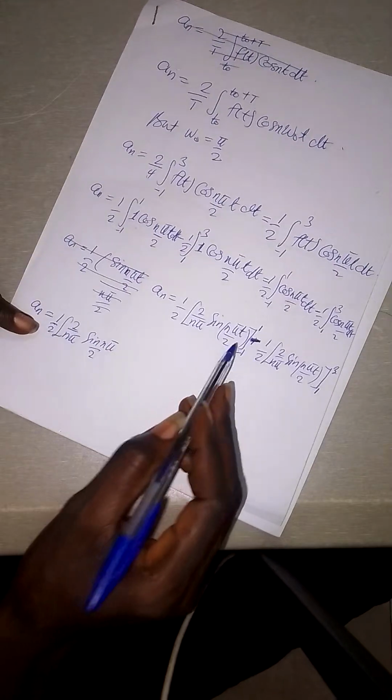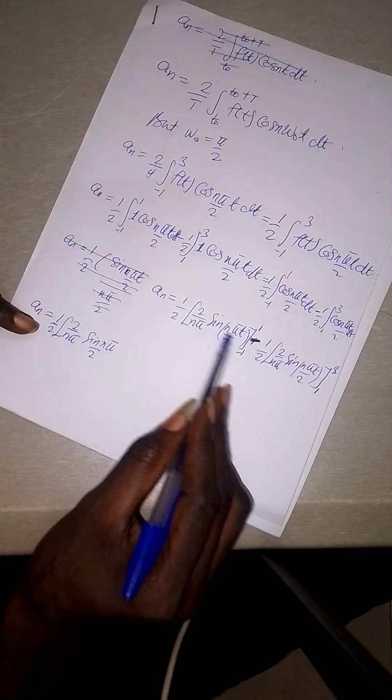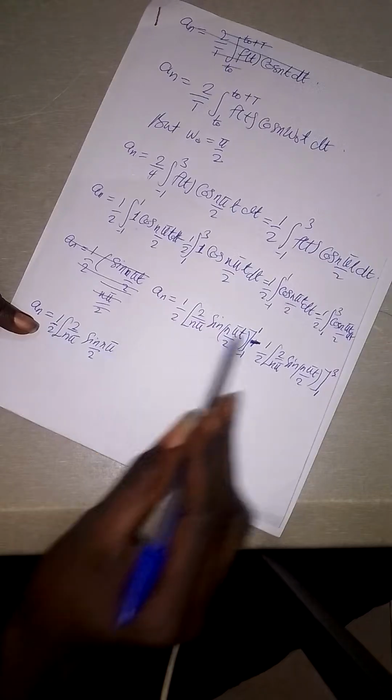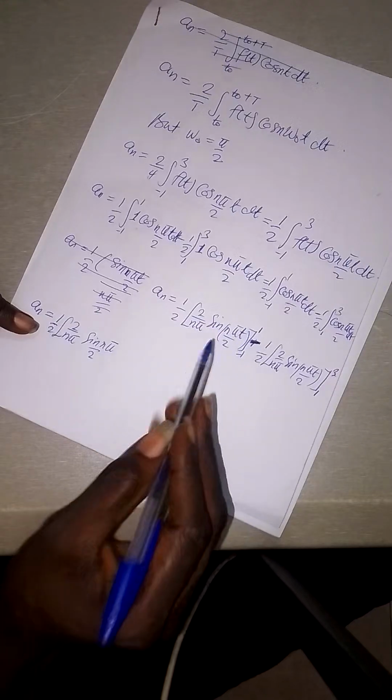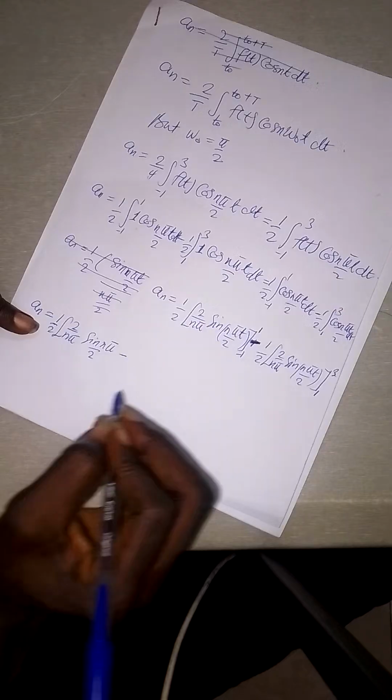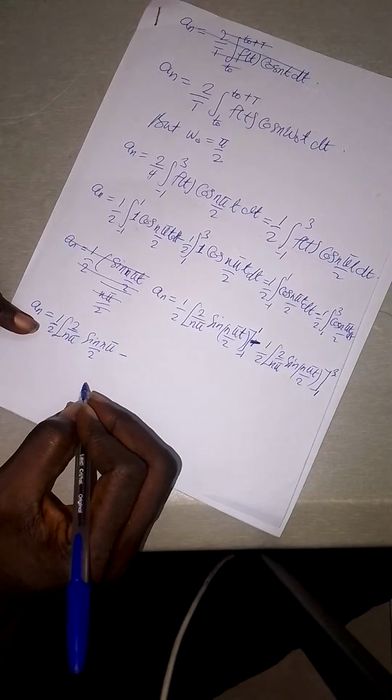And then the lower limit. So this is for 1. So now minus 1, so minus what I am going to get over here.